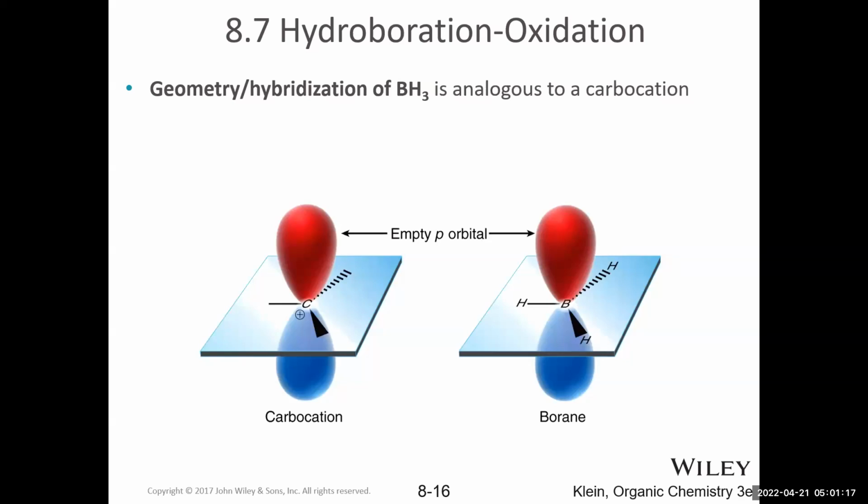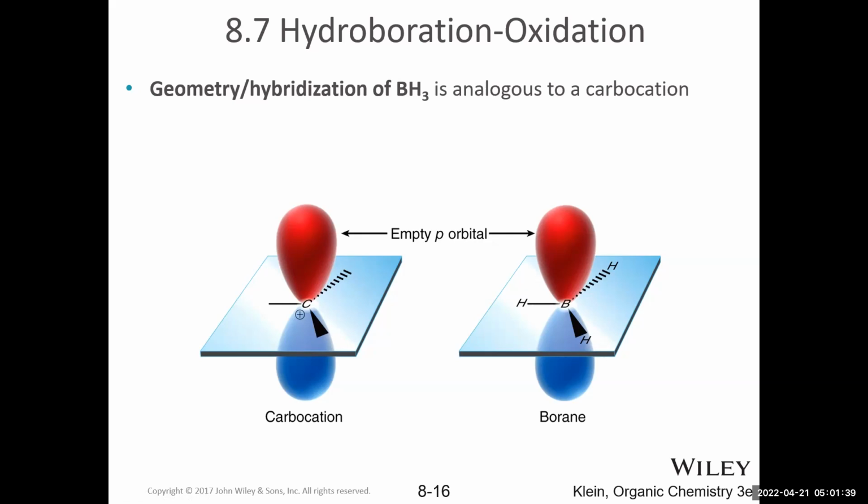Let's talk about the mechanism and what's happening in the hydroboration oxidation reaction. The first reagent is BH3, borane. Borane is a boron atom with 3 hydrogens attached, and it's trigonal planar with an empty p orbital, just like a carbocation.